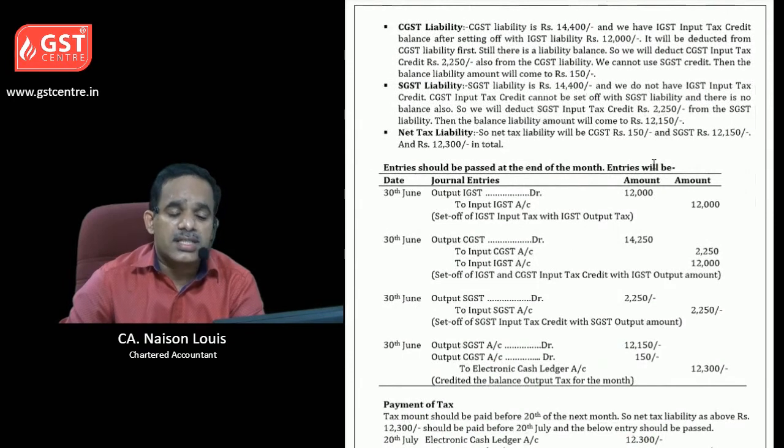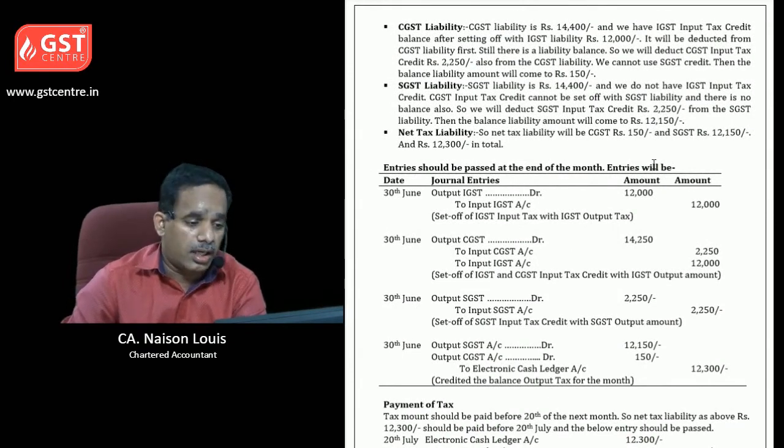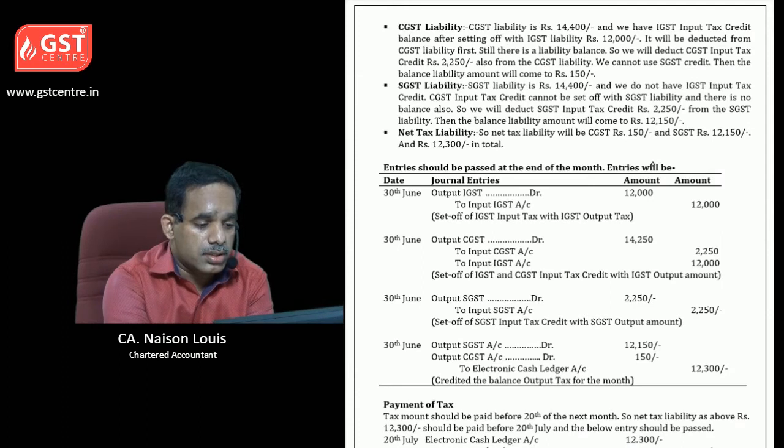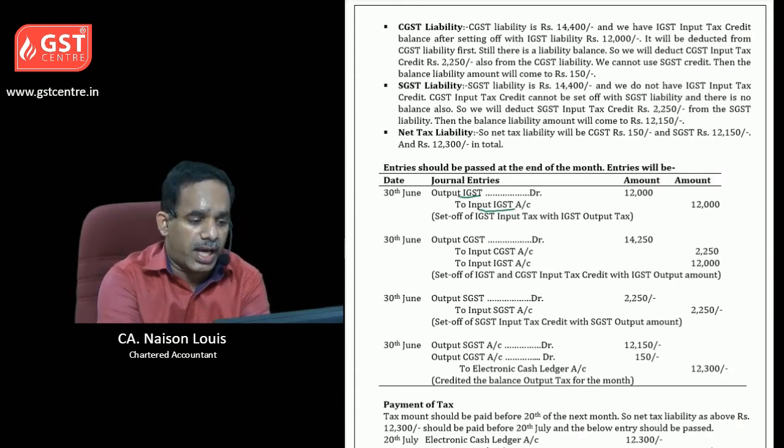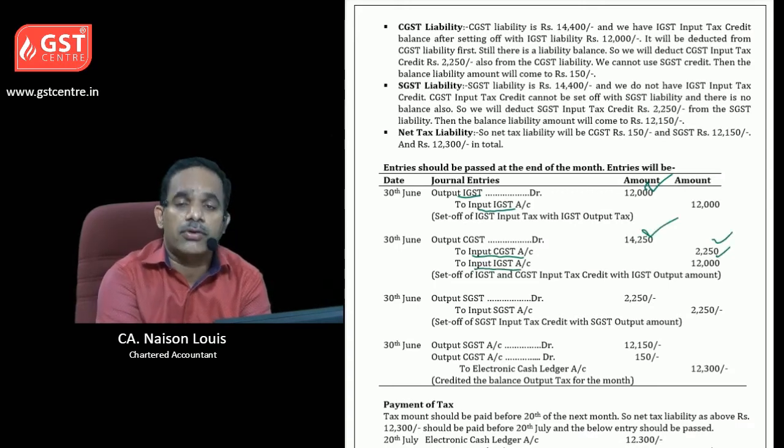So we have to pass necessary journal entries. So we have settled the IGST input tax credit with the IGST output tax for 12,000, and output CGST we had set off with the CGST credit and IGST credit. So entry should be passed for that also.